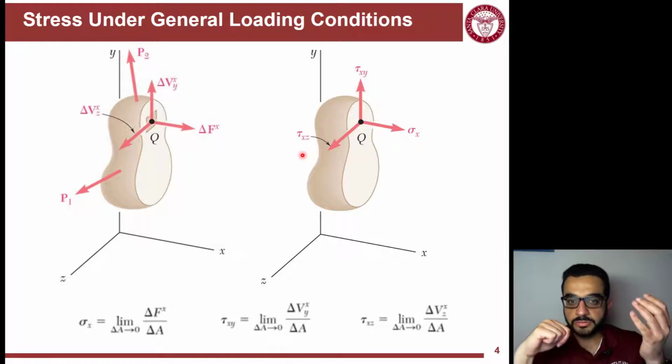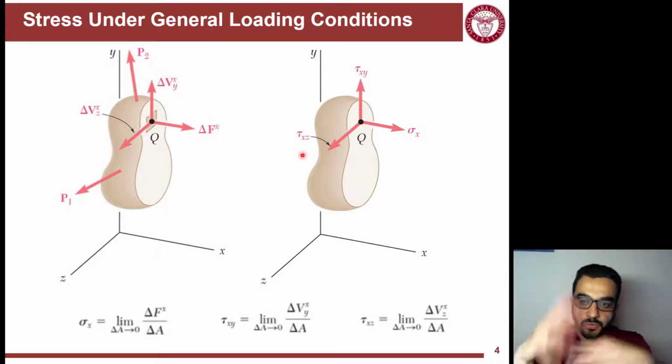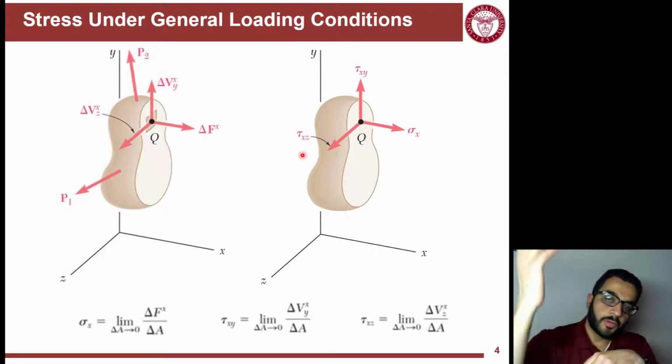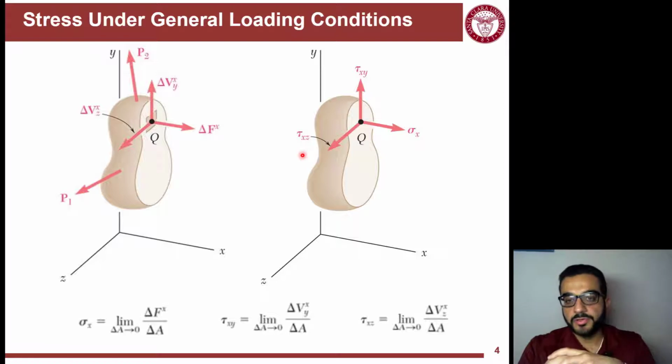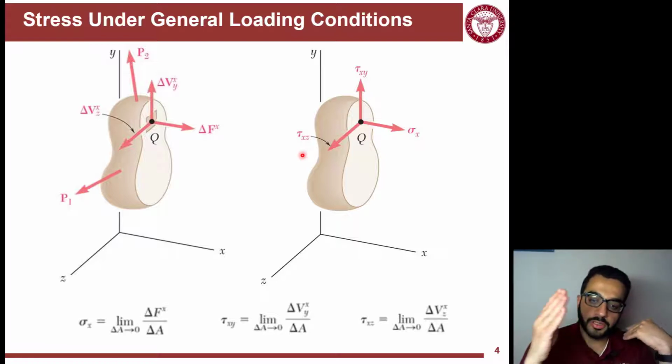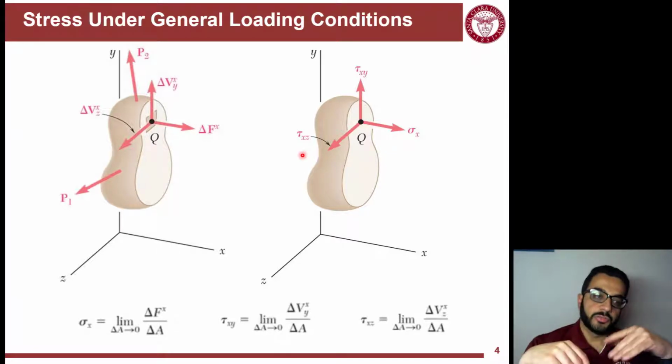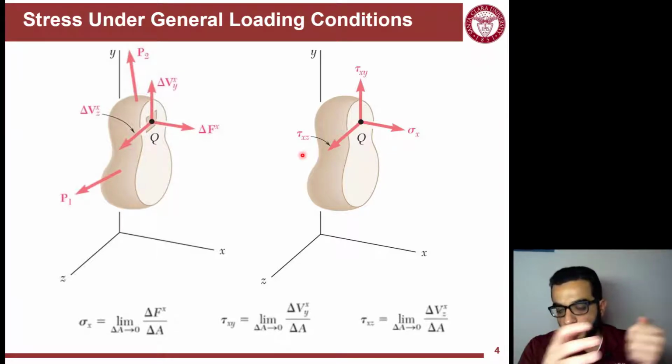Now I can do all kinds of kung fu or karate cuts, so I can do a cut perpendicular to the y and deal with the top part of it or the lower part of it. I can do a cut perpendicular to the z, still at the point Q, and deal with either the left part or the right part of it.